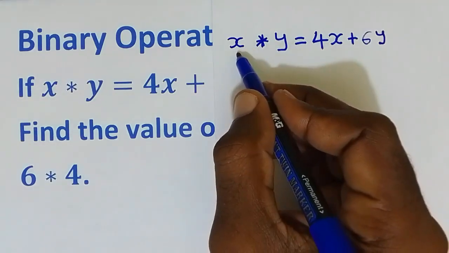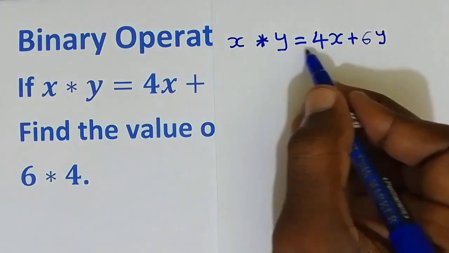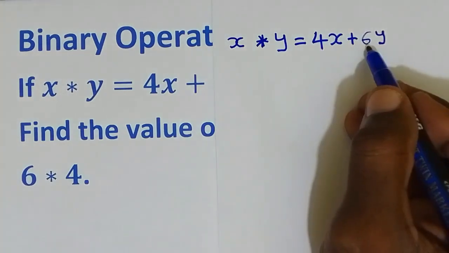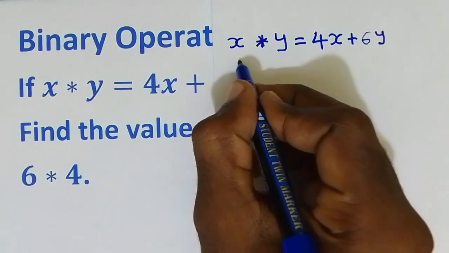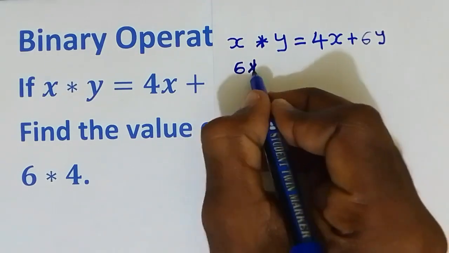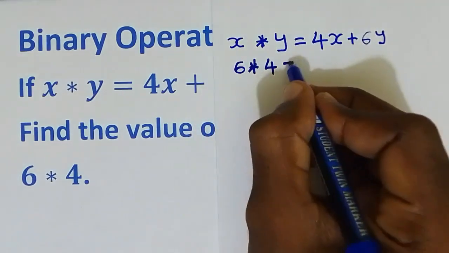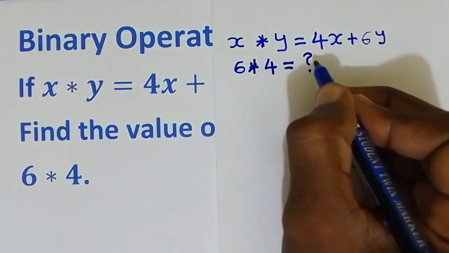We have x star y is equal to 4x plus 6y. We need 6 star 4. This is equal to what?